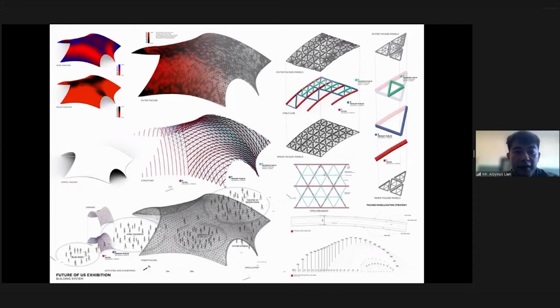So what you see here is the design concept for how we have come up with this pavilion. At the top left-hand corner is where you see our overlay of wind analysis as well as solar analysis. The location of the pavilion is at Marina Bay, which has quite high wind speeds due to the proximity to the sea.